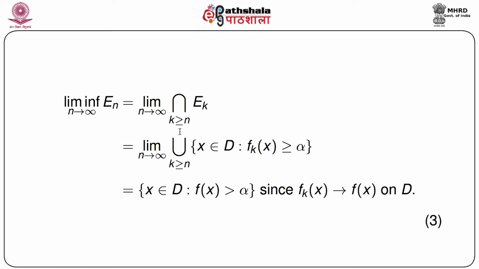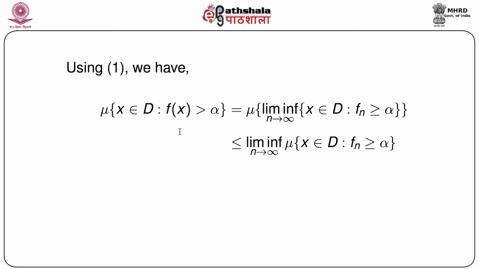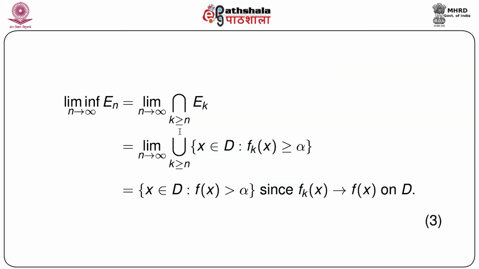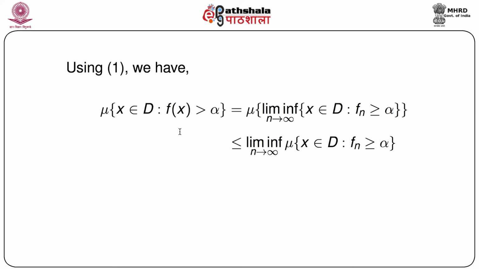Now we can immediately write this thing as the limit as n goes to infinity of x belongs to D, f_k(x) greater than or equal to alpha, intersection of that. Now as n goes to infinity, we will immediately have that x belongs to D, f(x) greater than alpha, since f_k(x) goes to f(x) on D. That is given actually. We know that the limit exists.